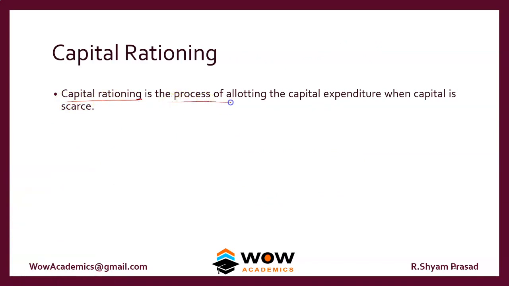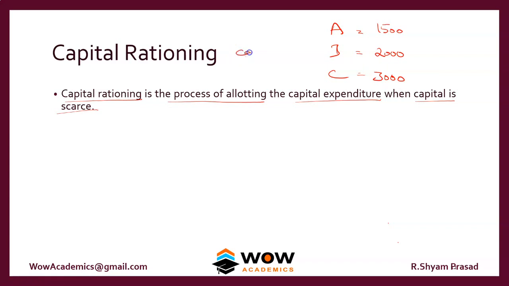Capital rationing is the process of altering the capital expenditure when capital is scarce. So what happens here is the company does not have a sufficient amount of capital to allocate to its projects. For example, there are 3 projects, A, B and C, and A requires 1500 as investment, B requires 2000 and C requires 3000.